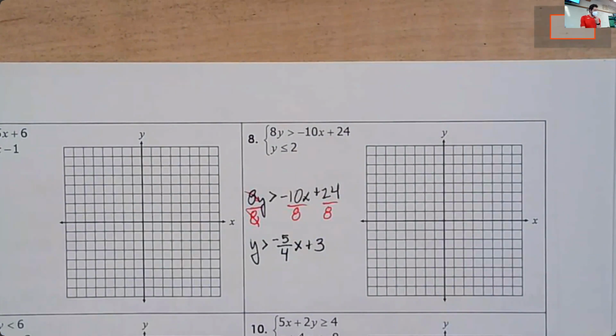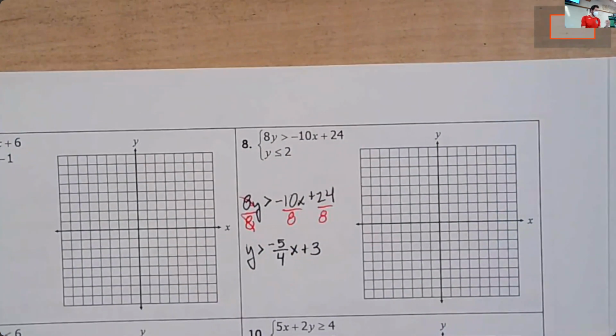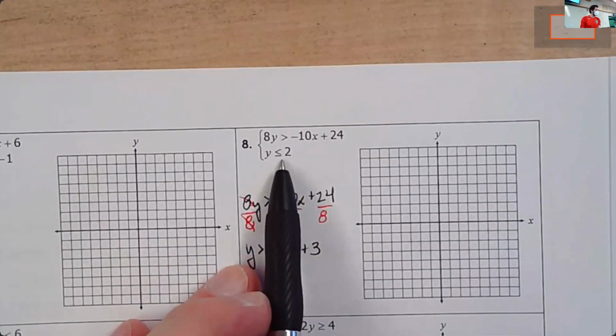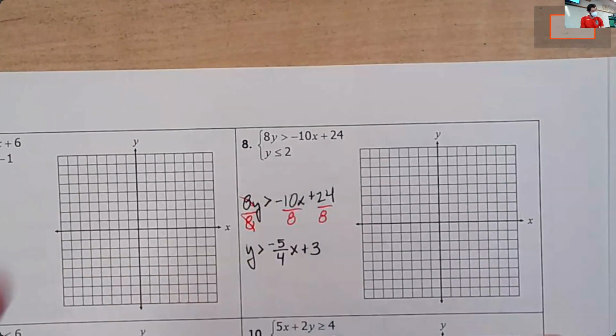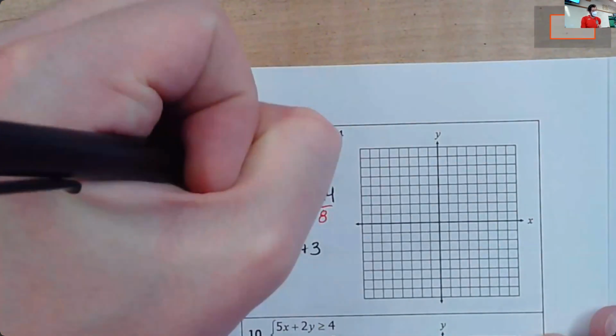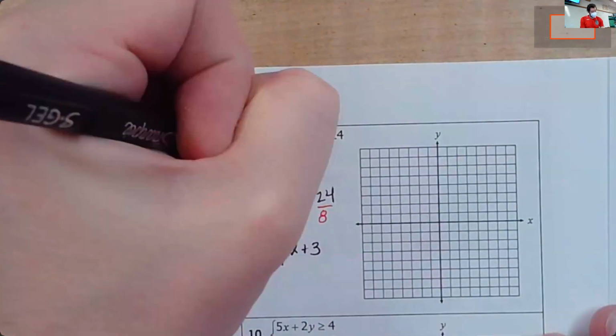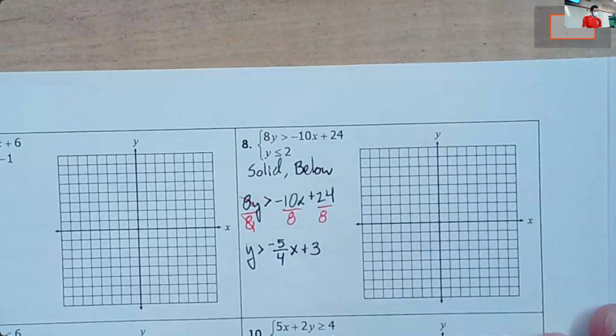And now we can get our decisions made about the 2 lines and the types of lines and where we're going to shade. For the y is less than or equal to 2, because it has the line underneath the inequality, this is going to be a solid line. And because it's a less than, that would be below. And this one will actually be below because that's a horizontal line.